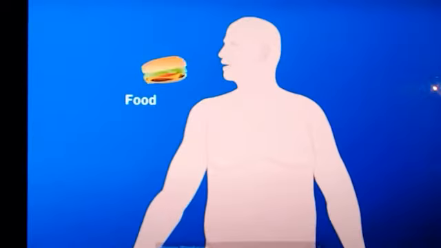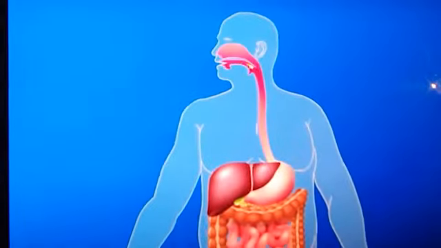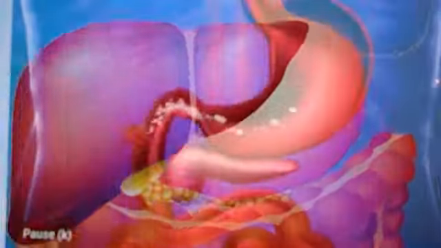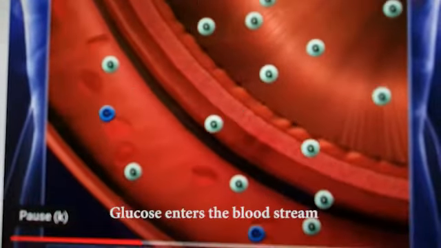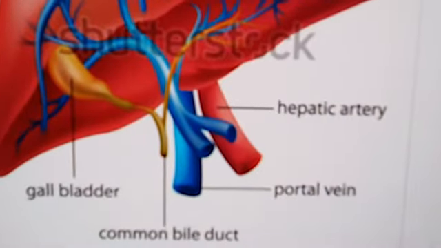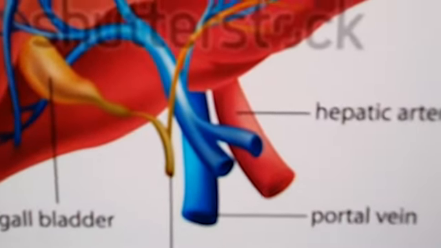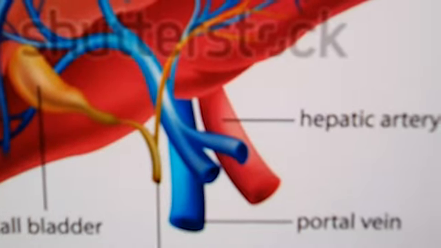The carbs you eat are digested in your gut and absorbed as glucose. Glucose enters the bloodstream through the portal system, which is a thick vein that carries nutrients in the blood primarily to the liver to provide energy and for further metabolic processes and distribution.